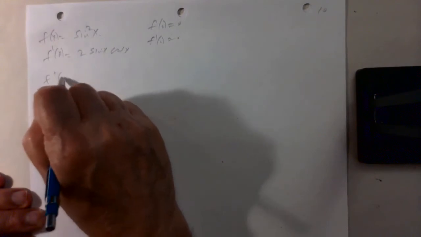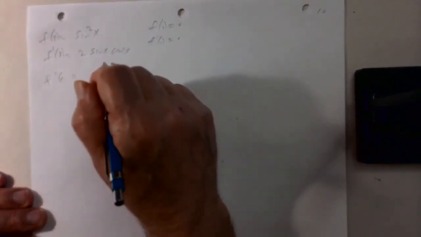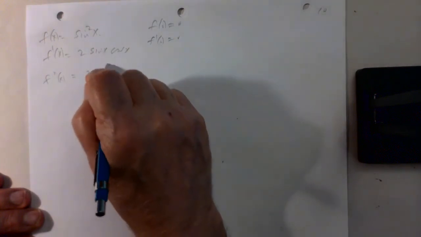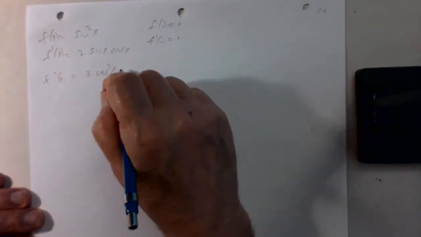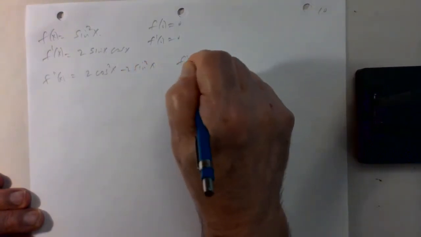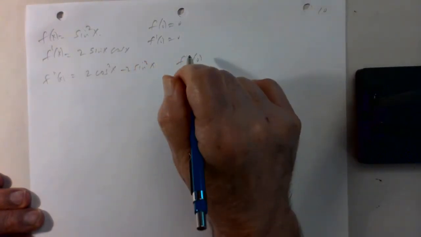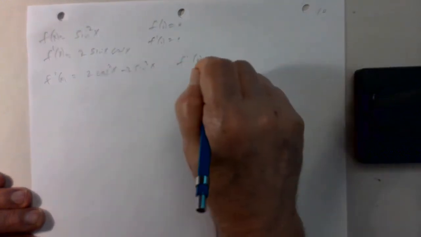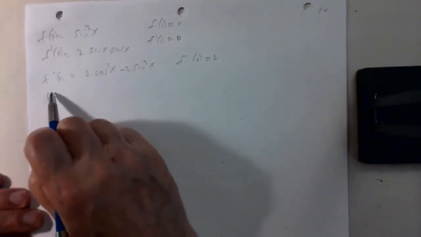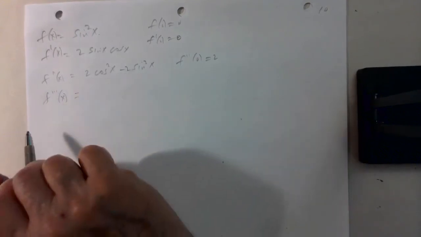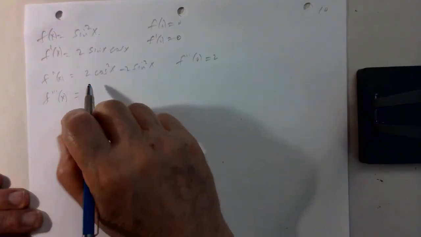What is the second derivative? When I differentiate this, I get 2 cosine squared x minus 2 sine squared x. The second derivative at 0 is 2. What is the third derivative? I differentiate this.